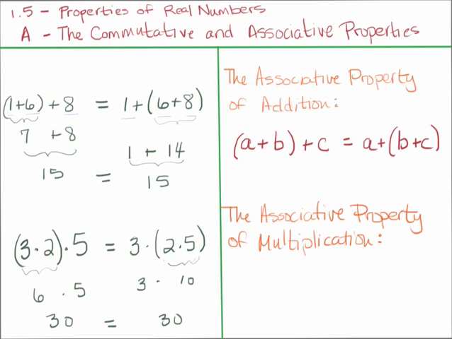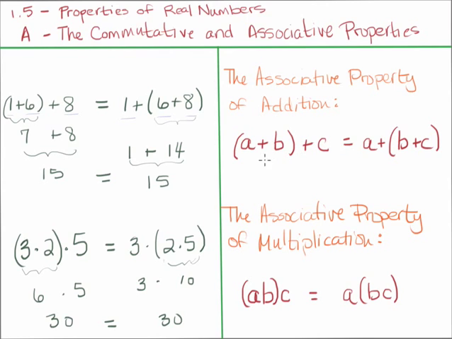The associative property of multiplication says that you can do your multiplication problem in any order, as long as the three numbers involved are the same and the only operation you're doing is multiplication. The associative property of addition says you can do your addition in any order, as long as the same three numbers are involved and all that's involved is addition.